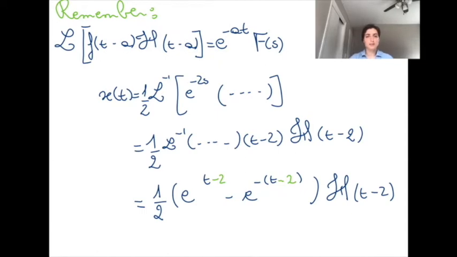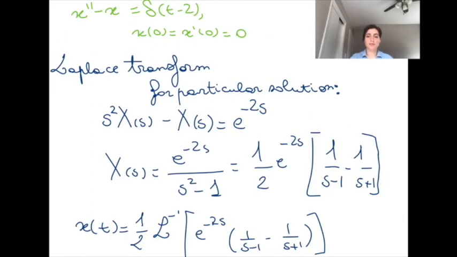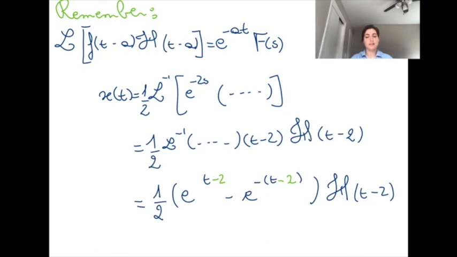So the inverse Laplace of what we had in our dots in there, that, if you remember, was this 1 over s minus 1 minus 1 over s plus 1, is e to the t minus e to the minus t, but because of the shift that we have applied before, we have this minus 2 appearing in both times.